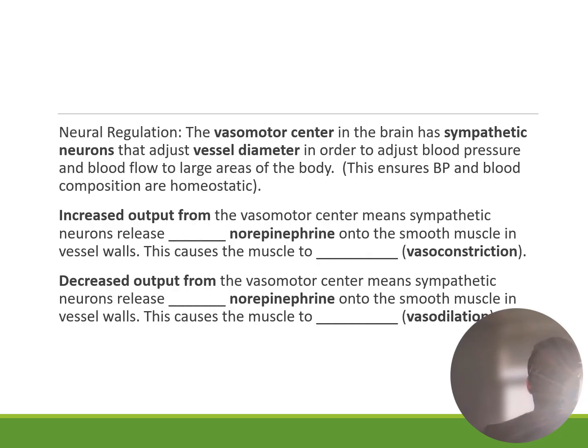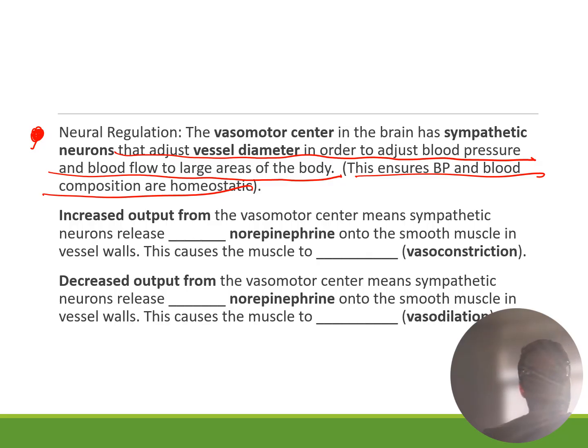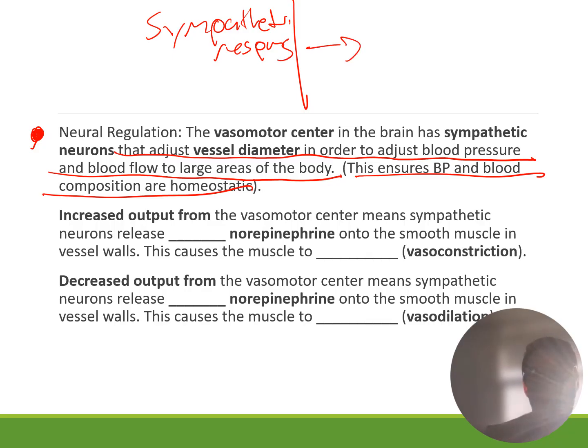Now let's go on to another form of regulation, and that is neural regulation. So the vasomotor center in the brain has sympathetic neurons that adjust vessel diameter in order to adjust blood pressure and blood flow to large areas of the body to ensure blood pressure composition is homeostatic. So remember that we have sympathetic responses where we're releasing epinephrine, norepinephrine.